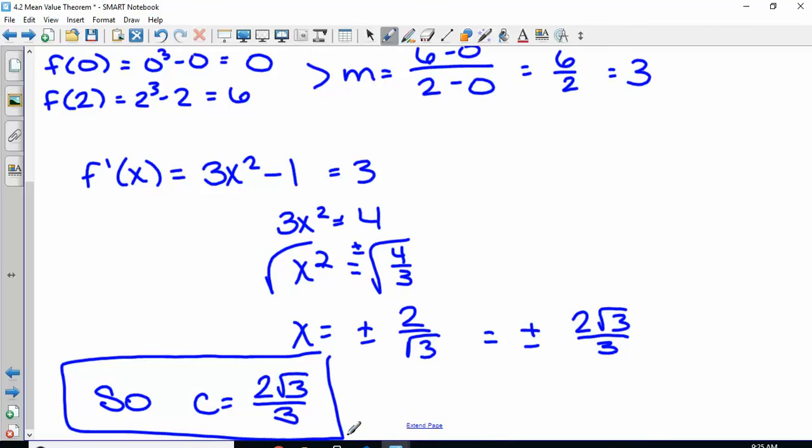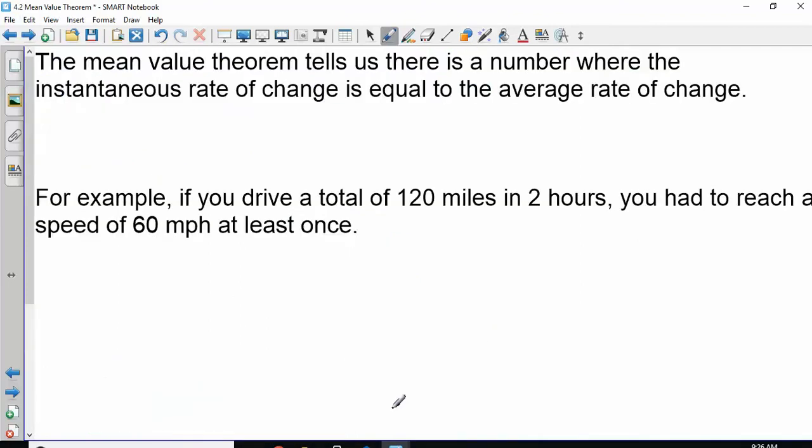In terms of our velocities, Rolle's theorem told us that there was somewhere where the velocity was going to be 0. What the mean value theorem tells us is that the instantaneous rate of change, so that's at a particular point in time, is equal to the average rate of change somewhere. So in other words, this kind of makes a little more sense to us.